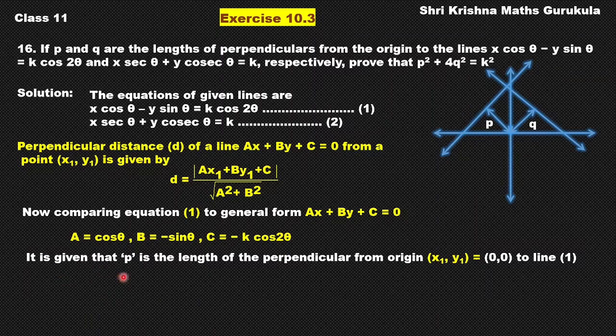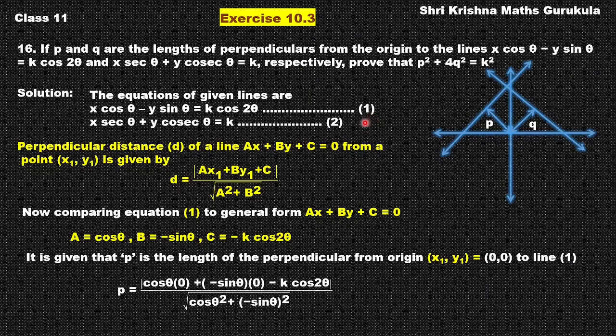It is given that p is the length of the perpendicular from the origin 0, 0 to line 1. We are substituting that d is the perpendicular distance, which is given as p. Then a into x1, that is cos theta into 0, plus b, which is minus sin theta into 0, minus k cos 2 theta.